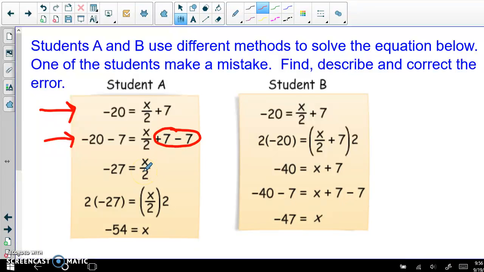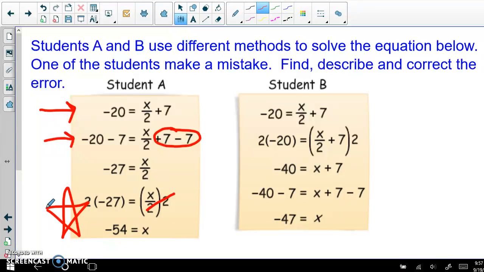So all we're left with is the x over 2. Now to undo the divided by 2, we are multiplying this equation by 2. On the right-hand side, the 2's cancel to x, and on the left-hand side, 2 times -27 is -54. So student A looks to have done a good job.